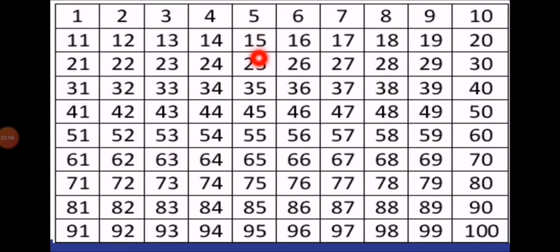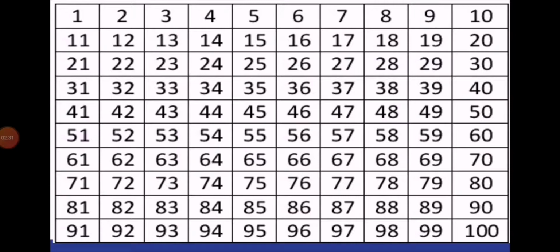So on the 100 square grid, when we move from upward to downward, we are adding tens. Our numbers are increased by 10. And if we count upward, we are subtracting 10 each time.